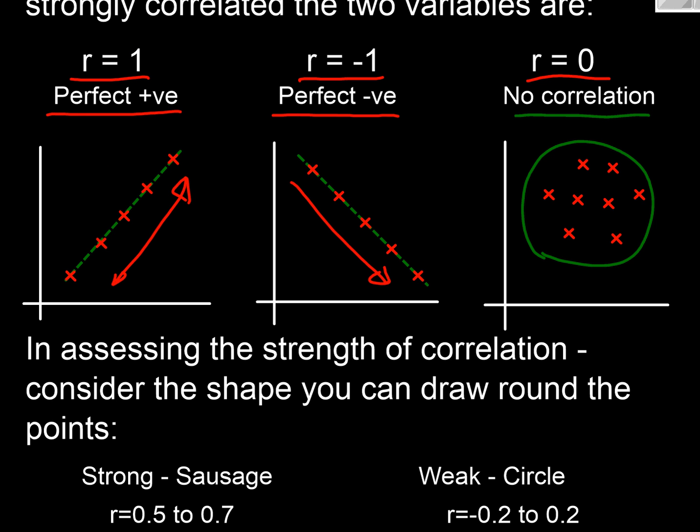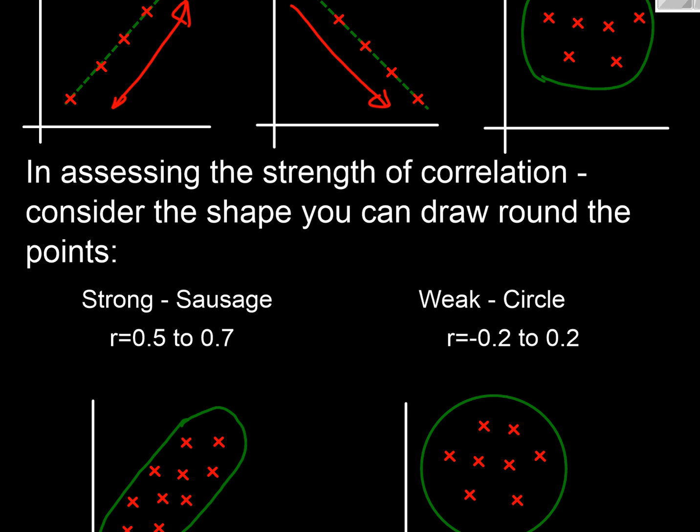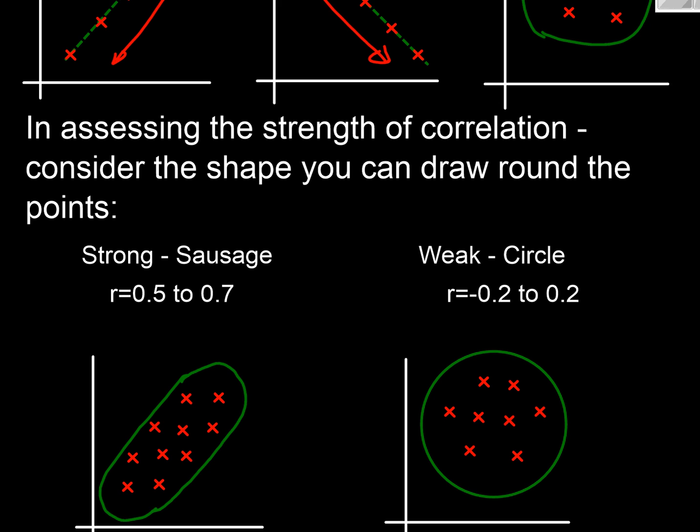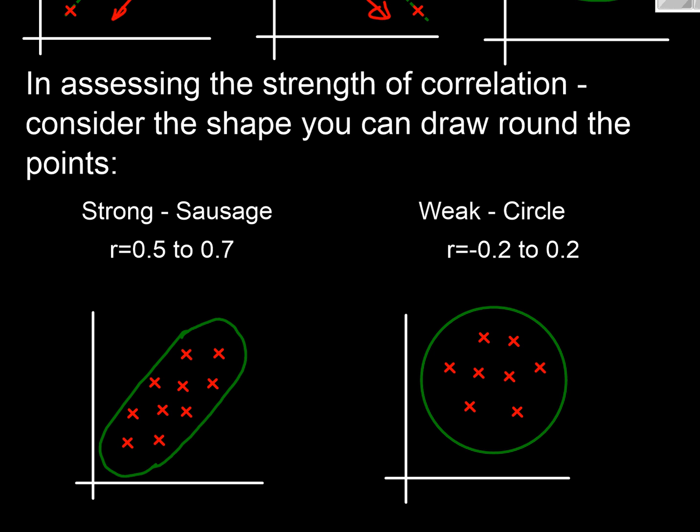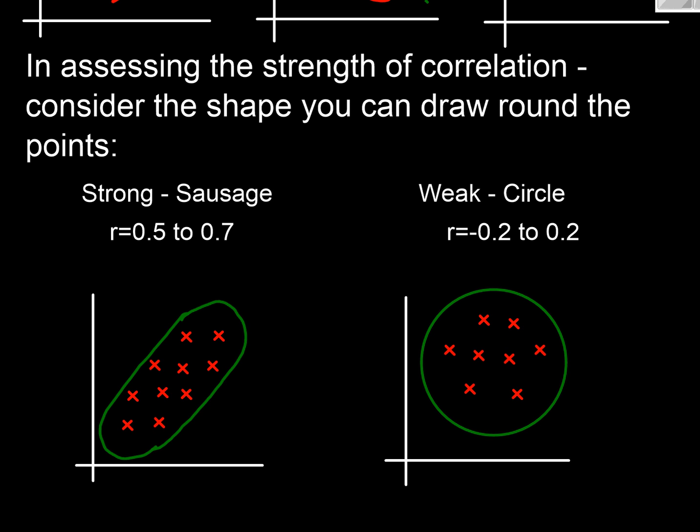Okay, and if I wanted to look at the strength of the relationship, let's have a look at these. We'd be looking at the value here. So looking at our right hand diagram here, if we had little or no correlation, they would just be scattered around, and the best thing to do would be to draw a circle around them. And if we did that, our R value, our correlation coefficient, would probably be somewhere between -0.2 and +0.2, but very low or none.